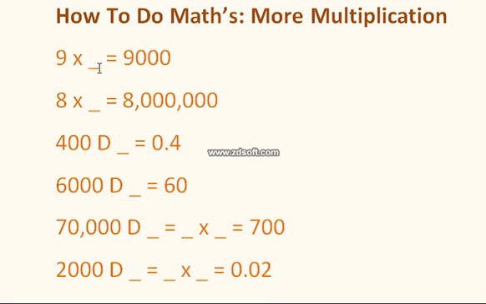It says 9 times something equals 9,000. Now you can't just put 9 times 1,000 in this case. You have to put 10 for a start. But you use powers at the side, so it could be 9 times 10 squared, which would only give us, I think, 900, but we want another one.